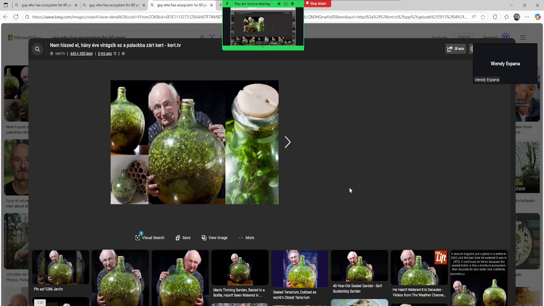And you can see he has a great big glass jug looking thing that he put those plants, that soil, the air and the water, he put in 1960. That ecosystem, it's called a terrarium because it's on the land. Land ecosystems are terrariums.